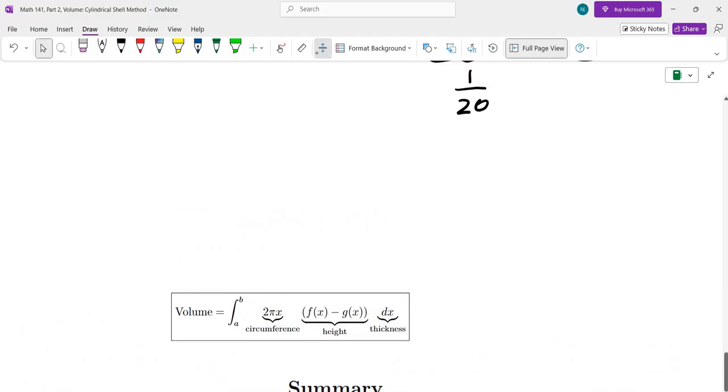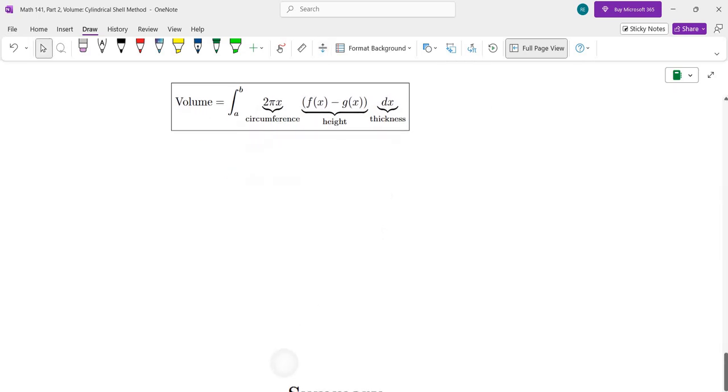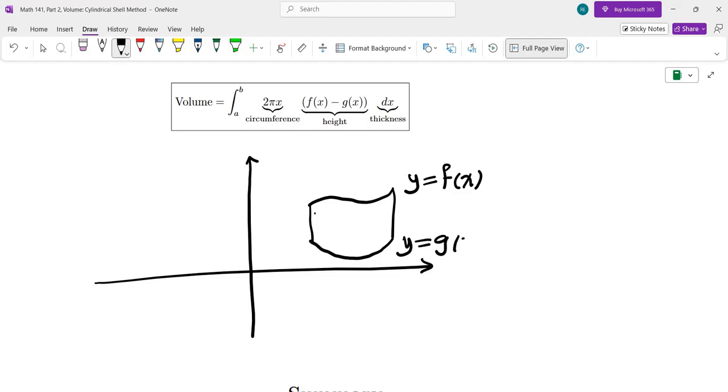Now, in general, if you have a region that lies between two curves, so let me draw a diagram for this. So let's say I have this curve y equals f of x, and I have another curve down here, y equals g of x, and I rotate this about the y-axis.